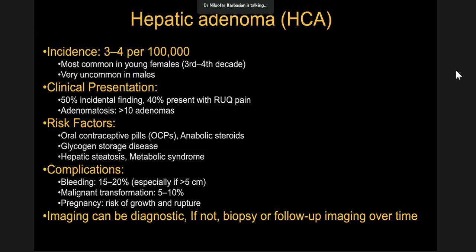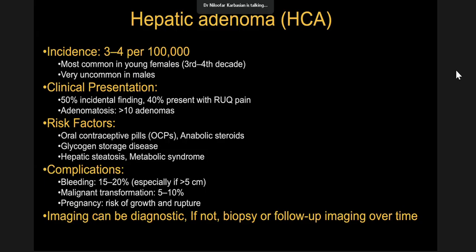The complications of adenomas: they're not as indolent as the lesions we talked about already, like hemangiomas and FNH. Up to 20% of them can undergo hemorrhage, especially if they're large, and the size cutoff that is important to remember is 5 centimeters. Above 5 centimeters, the risk of bleeding increases. Some variants of it have risk of malignant transformation. As I already mentioned, the beta-catenin is the highest one.